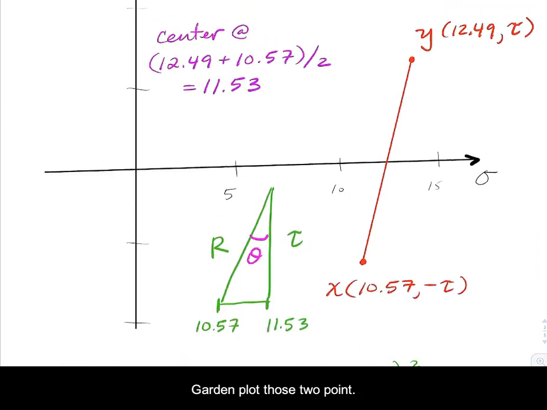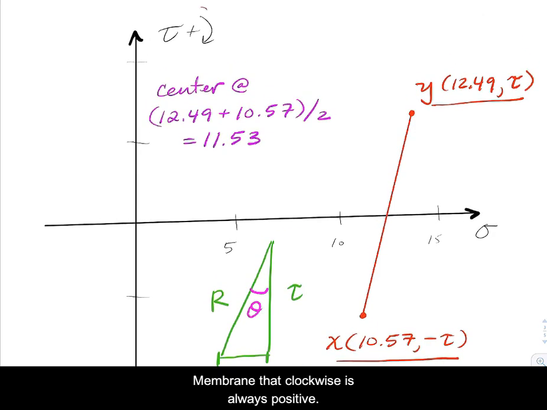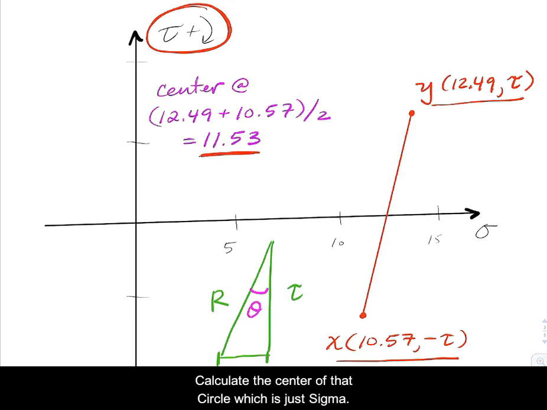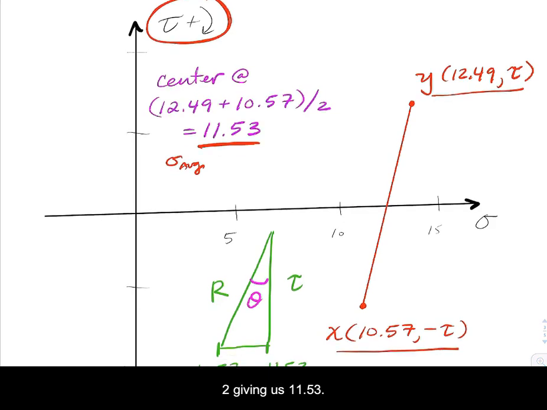So we'll put this on Mohr's circle. Let's go ahead and plot those 2 points. There's the x point. There's the y point. And remembering that clockwise is always positive for shear stress. Calculate the center of that circle, which is just sigma average. So we're going to add the two normal stresses, divide by 2, giving us 11.53.